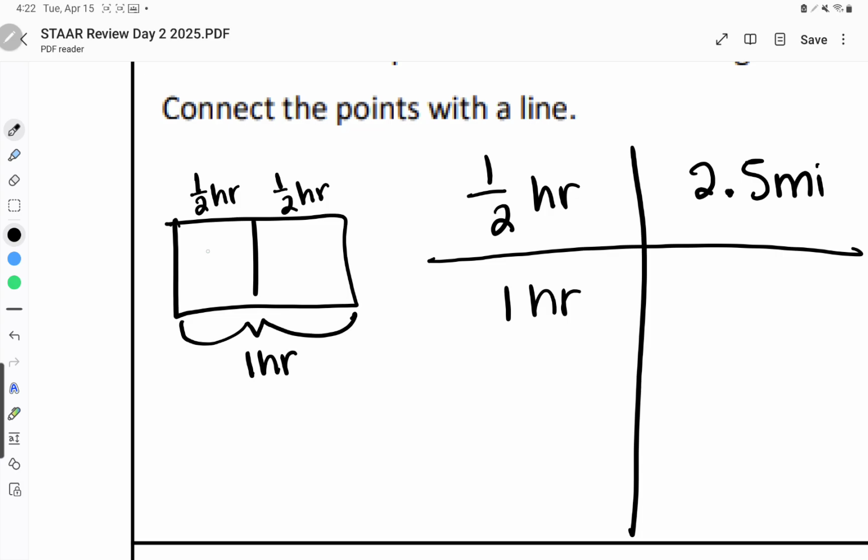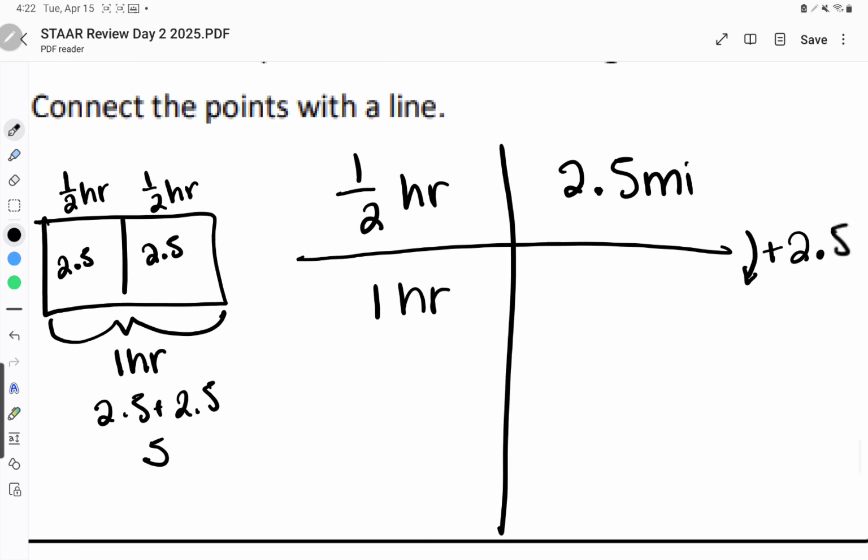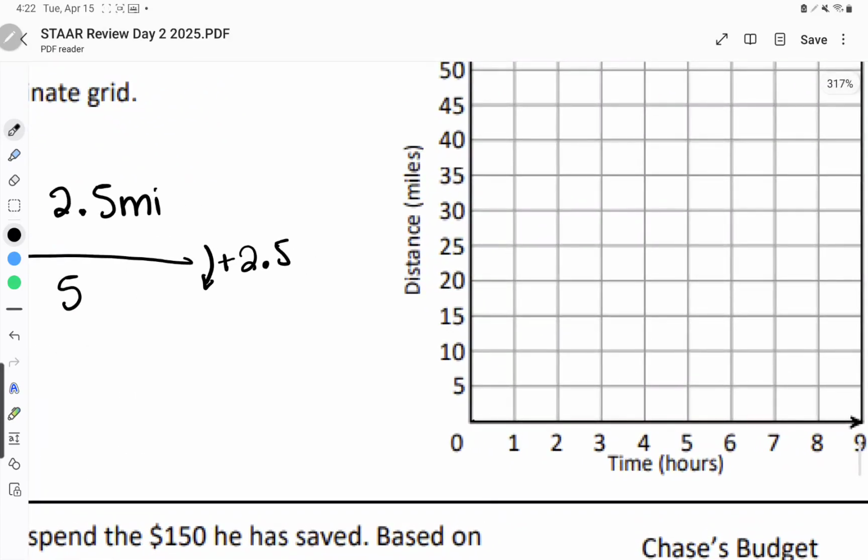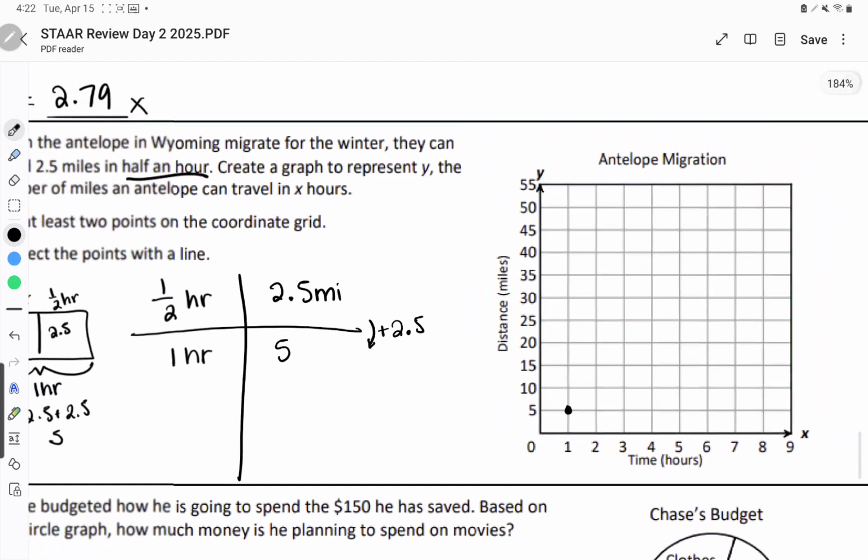In the first half hour, it would go 2.5 miles. In the second half hour, it would go 2.5 miles. So in the whole hour, we would do 2.5 plus 2.5, which would give us 5. So we have a point right here at 1 hour and 5 miles. So we would go over to 1, up to 5, and that would go right there.